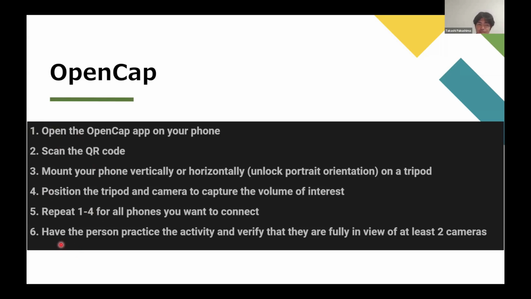And the last one is to have the person or athlete practice the activity and verify that they are fully in view of at least two cameras. So make sure the movement you want to capture is inside the frame over time, and they should be visible from two cameras. Actually, I never tried, but I think you can use more than two cameras.